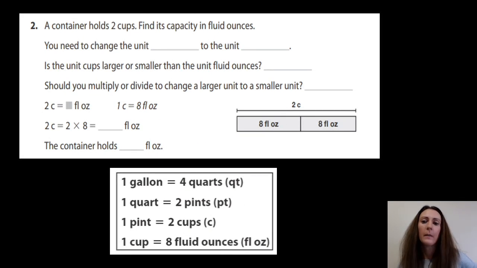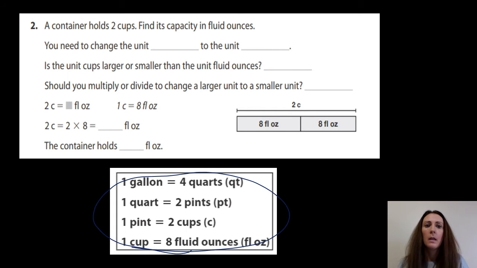All right, let's take a look at this problem. Follow along. It says a container holds 2 cups. Find its capacity in fluid ounces. So we want to make sure that we're using our chart below. It says the container holds 2 cups, and we're trying to convert those 2 cups into what?